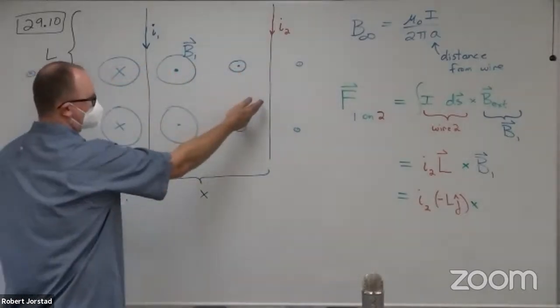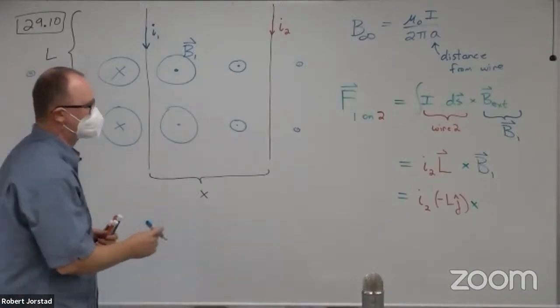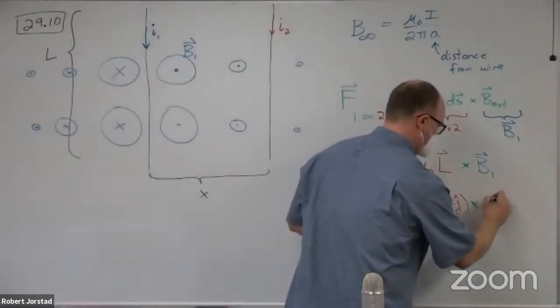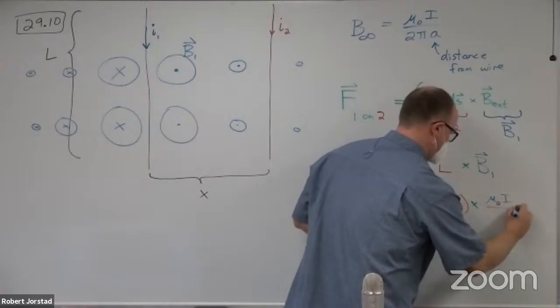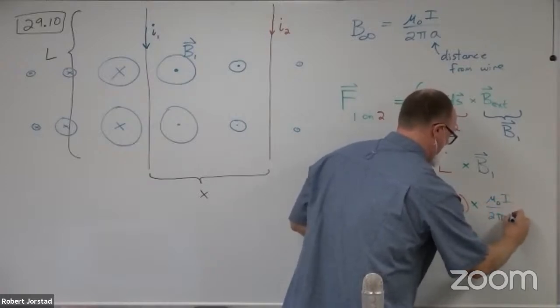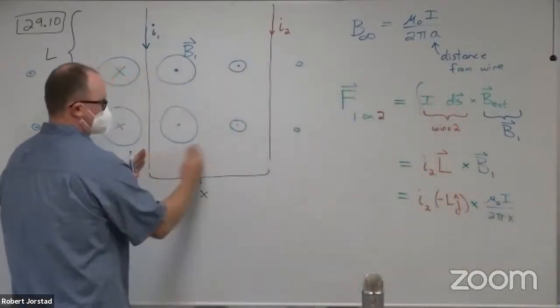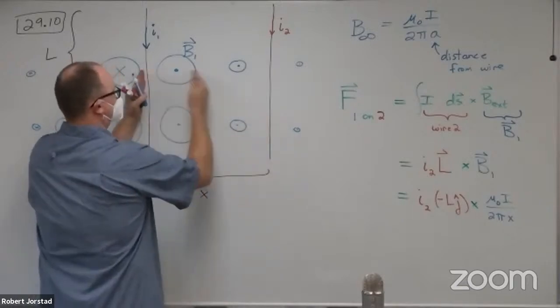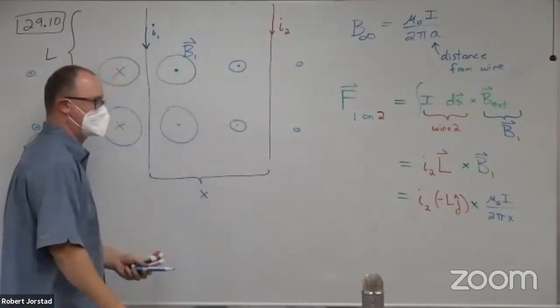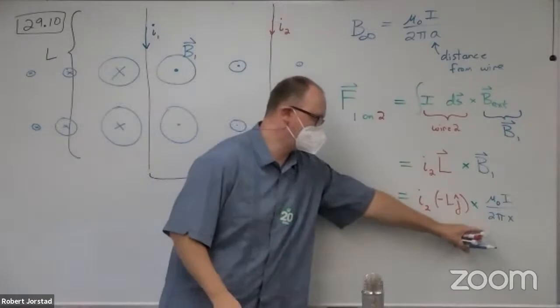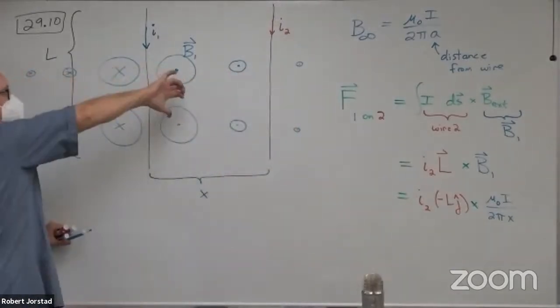At this position, what is B1? Mu naught I1 over 2 pi x. In this case, the distance is x for this segment, for this segment, for this segment. So the B field is the same. That's not enough. Because it's, what did we say it was? K hat?